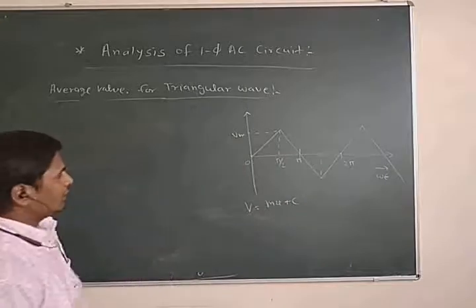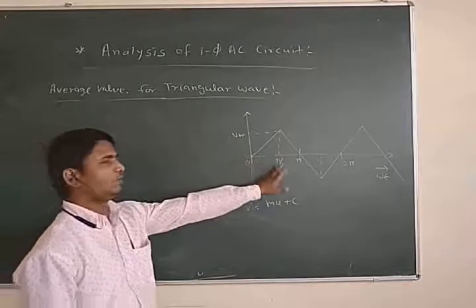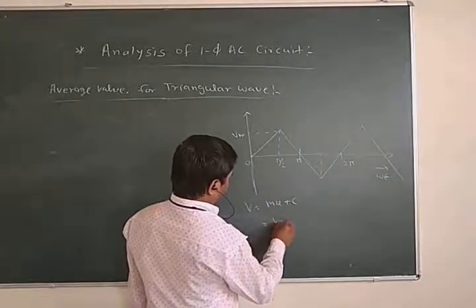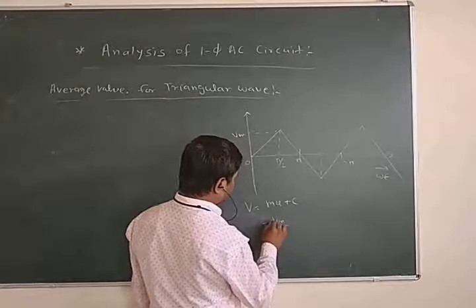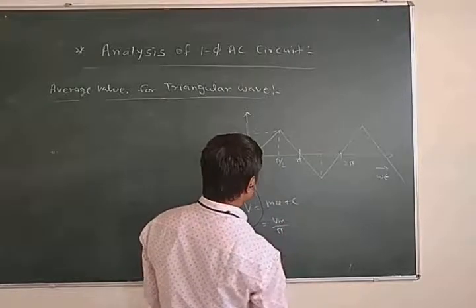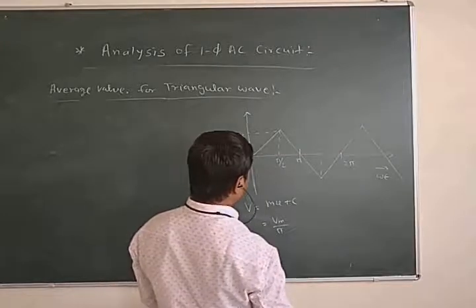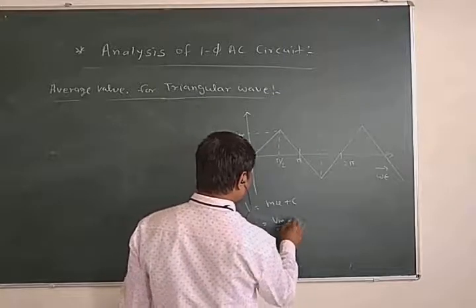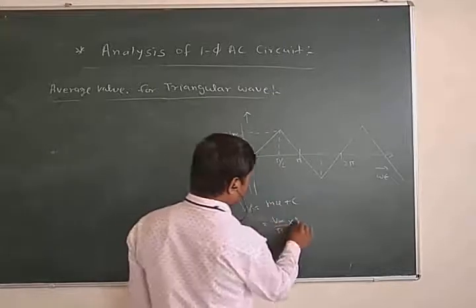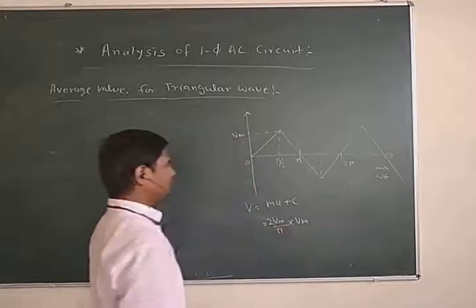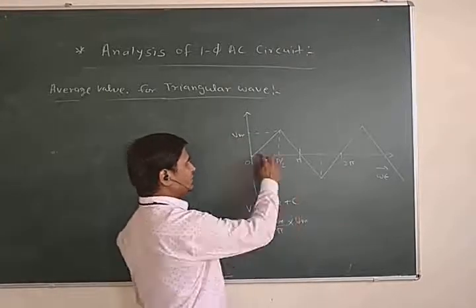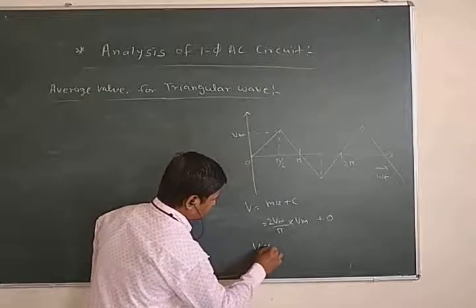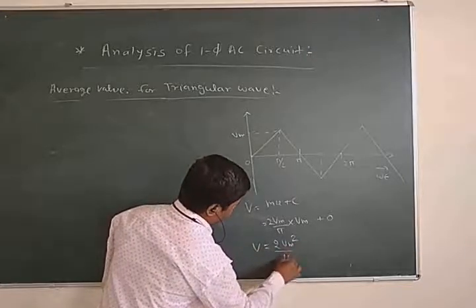We can write m is y2 minus y1 divided by x2 minus x1, so we can write Vm upon pi by 2. Since this line passes through the origin, c is equal to 0. So the function becomes 2 Vm omega t upon pi.